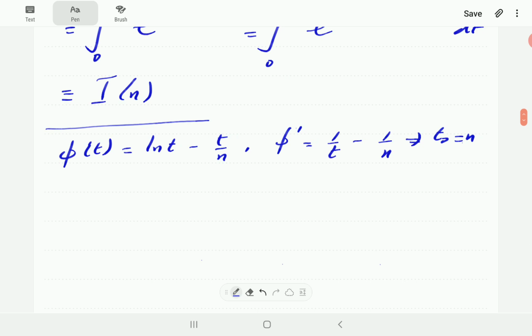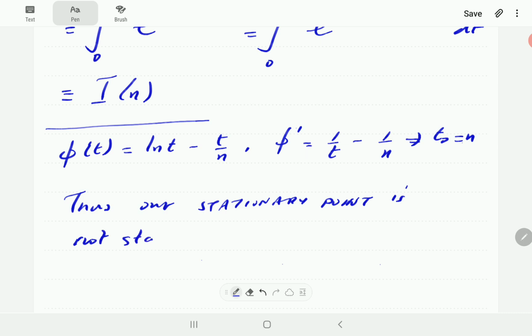So our stationary point is actually a moving stationary point, because as n becomes bigger and bigger, this term is also moving.